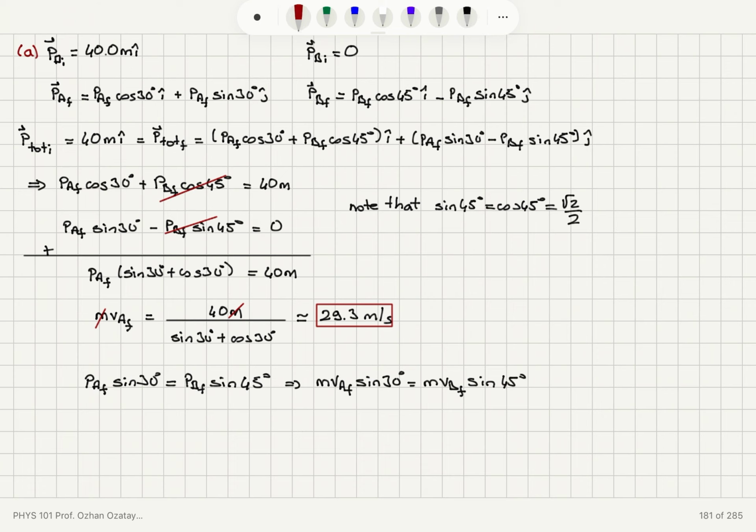The masses cancel, and I find that VB final is equal to VA final times sine 30 divided by sine 45.